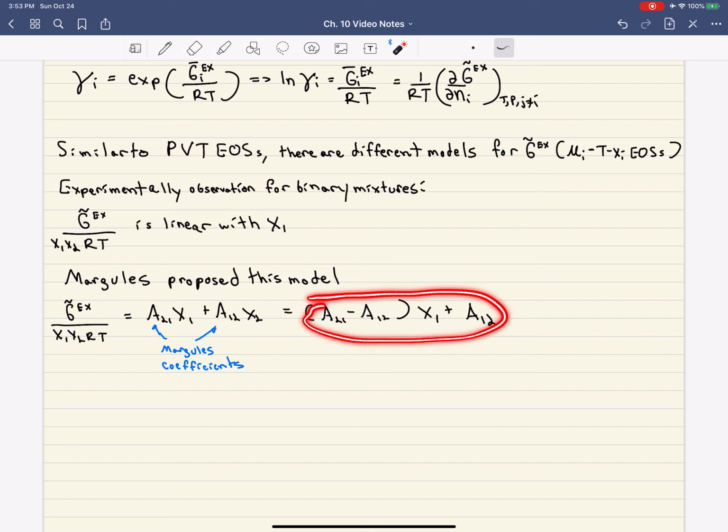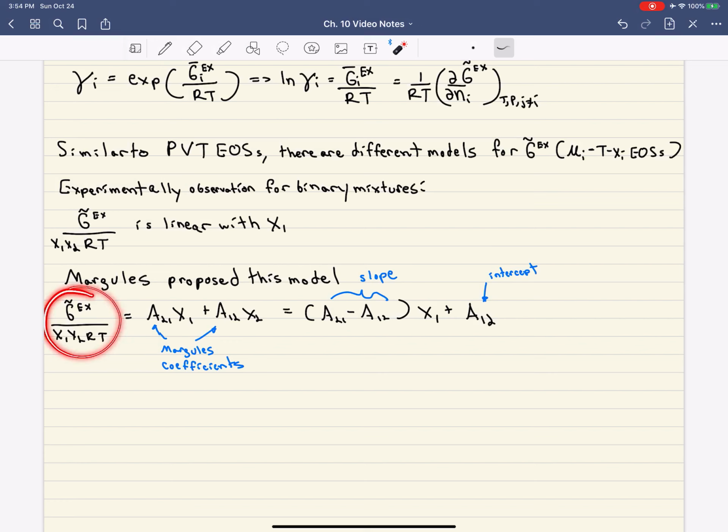In this format, you now have a mx plus b equation, right? Where this is your slope and this is your intercept. And so if you did an experiment where you measured this and then made a plot where this was the y-axis and this was the x-axis, the slope would give you this and the y-intercept would give you that, right? So that's the advantage of plotting the data in that way.